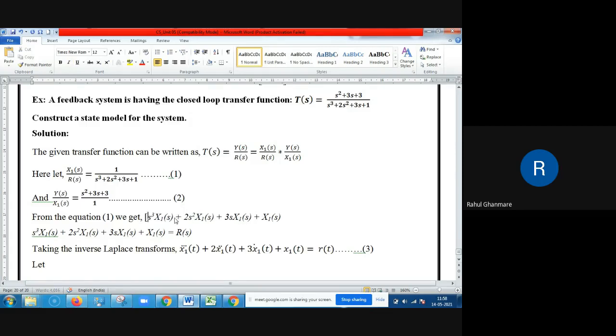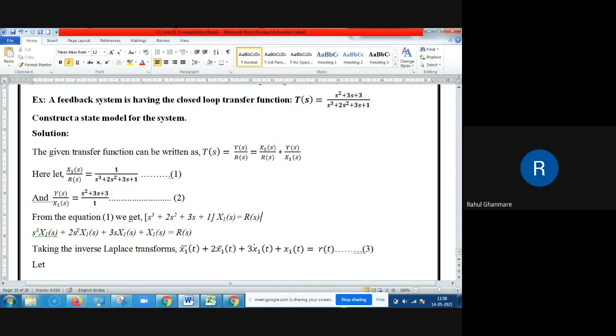Here we have S cube plus 2S square plus 3S plus 1, bracket close, into X1 of S equals R of S.